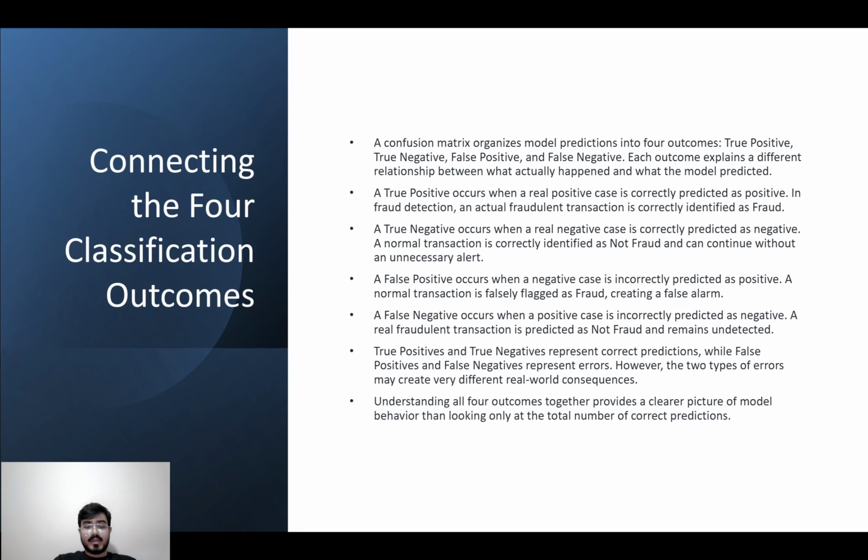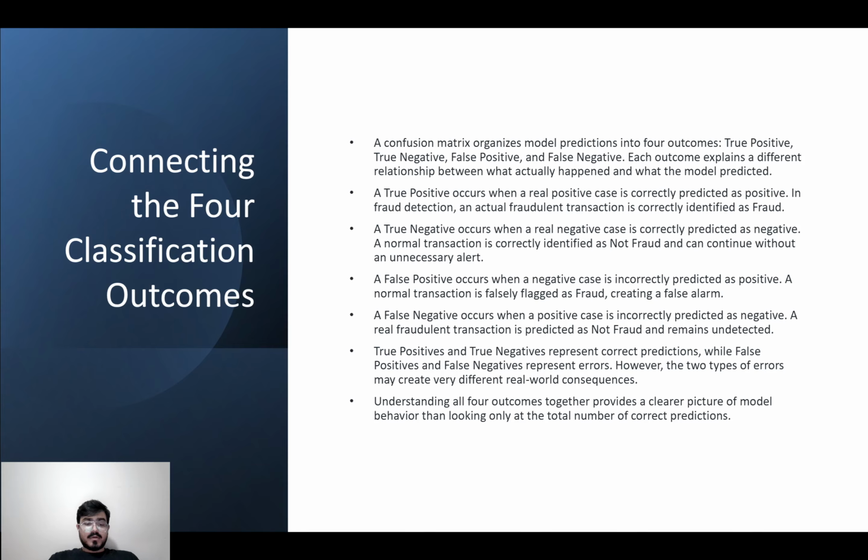If the model correctly identifies a positive case, it is a true positive. If it correctly identifies a negative case, it is a true negative. If it incorrectly labels a negative case as positive, it becomes a false positive, and if it fails to identify a real positive case and predicts it as negative, it becomes a false negative.